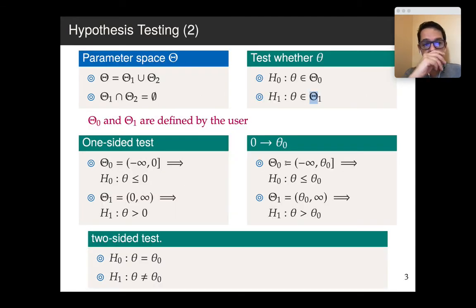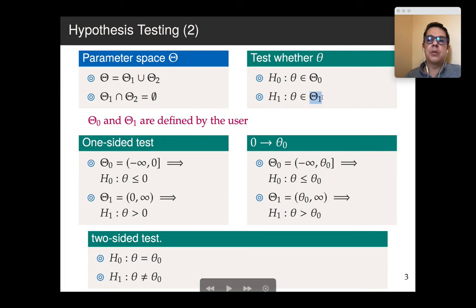In a more formal definition, you have a theta space, the parameter space, that you split into two, theta 0 and theta 1. You want to test whether lowercase theta belongs to theta 0 or belongs to theta 1.